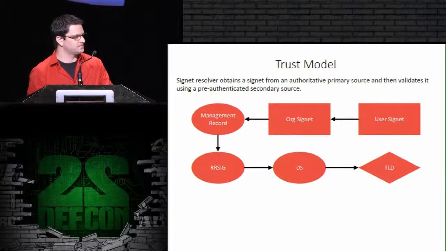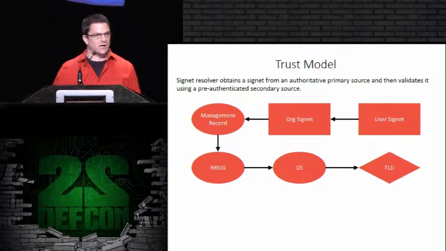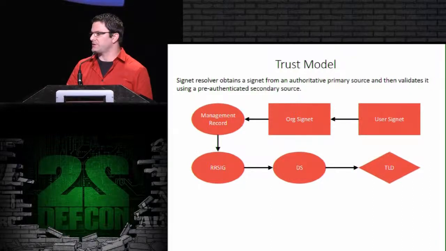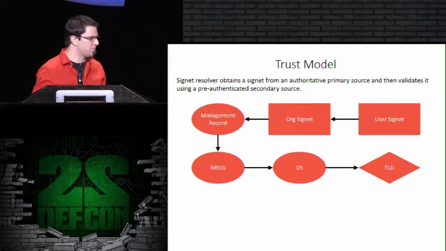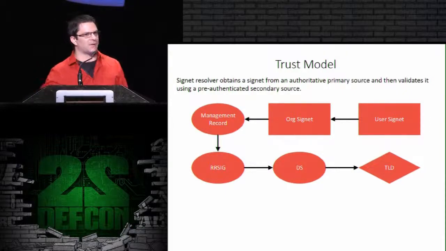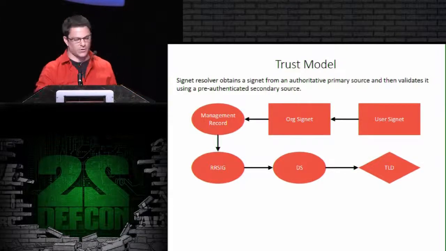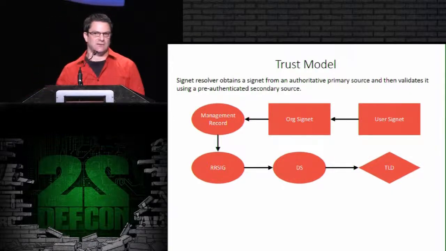Trust. It's earned, not given. But I thought it was important to illustrate how it works. Now, this is the most simplistic trust model, and it only applies if DNSSEC is actually in play. There are alternate models I don't have time to get into, but if you recall, the cardinal rule is you need a primary source and then a second pre-authenticated source for verification and validation.